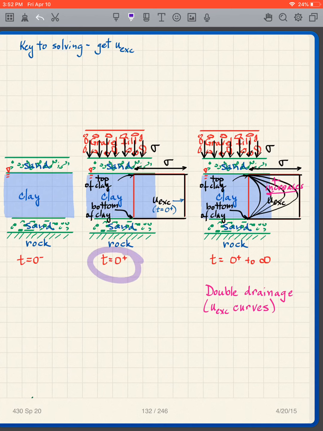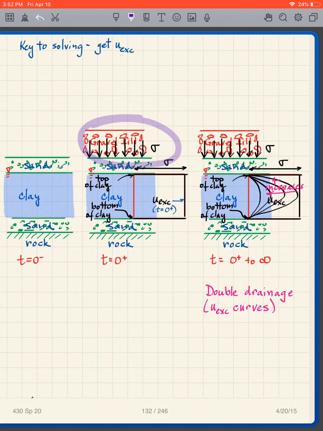Well, I'm plotting it here, this is the top of the clay, this is the bottom of the clay, and I'm going to show my U excess jumping from 0 to, and what is the value that it jumps to? Well, we know what it is because that excess pore pressure is equal to the stress caused by the fill.